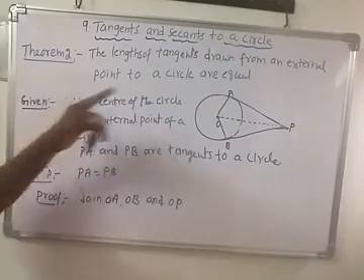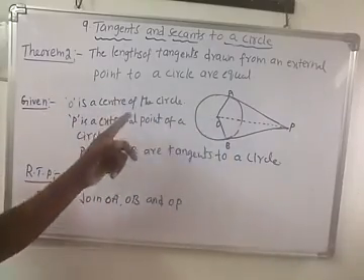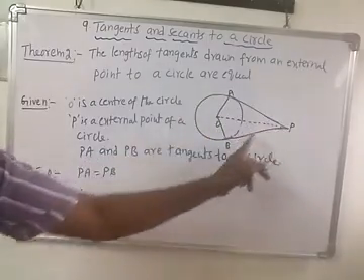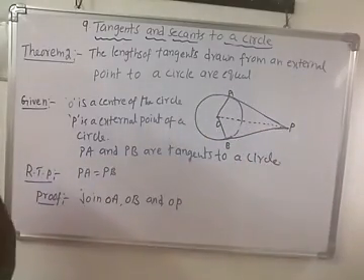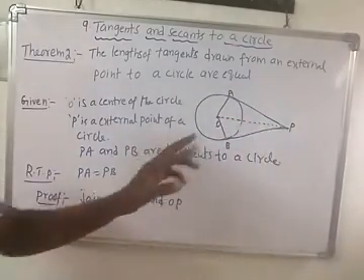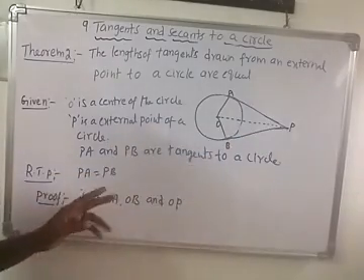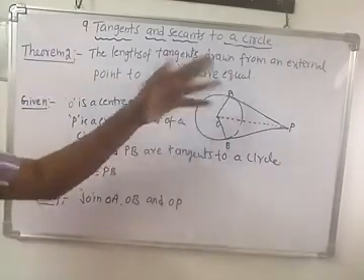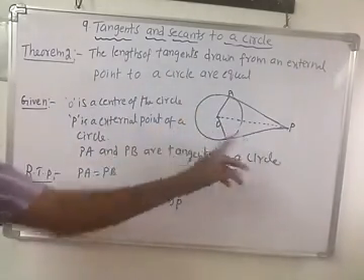So what is given? O is the center of the circle, P is the external point of the circle, and PA and PB are tangents of the circle. What we have to prove is that the tangents are equal, that is, PA is equal to PB.